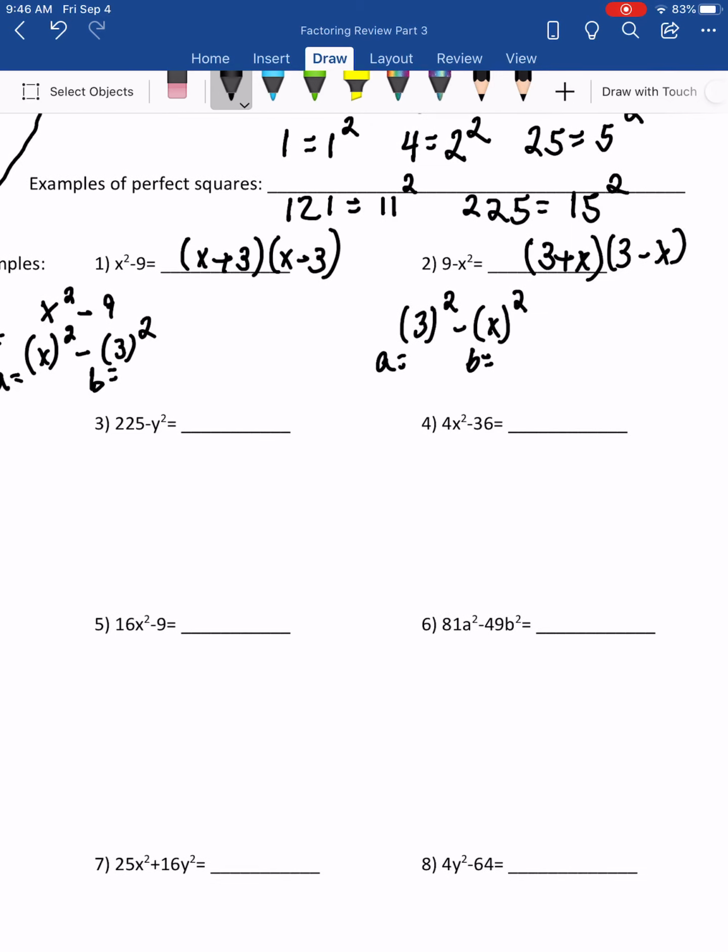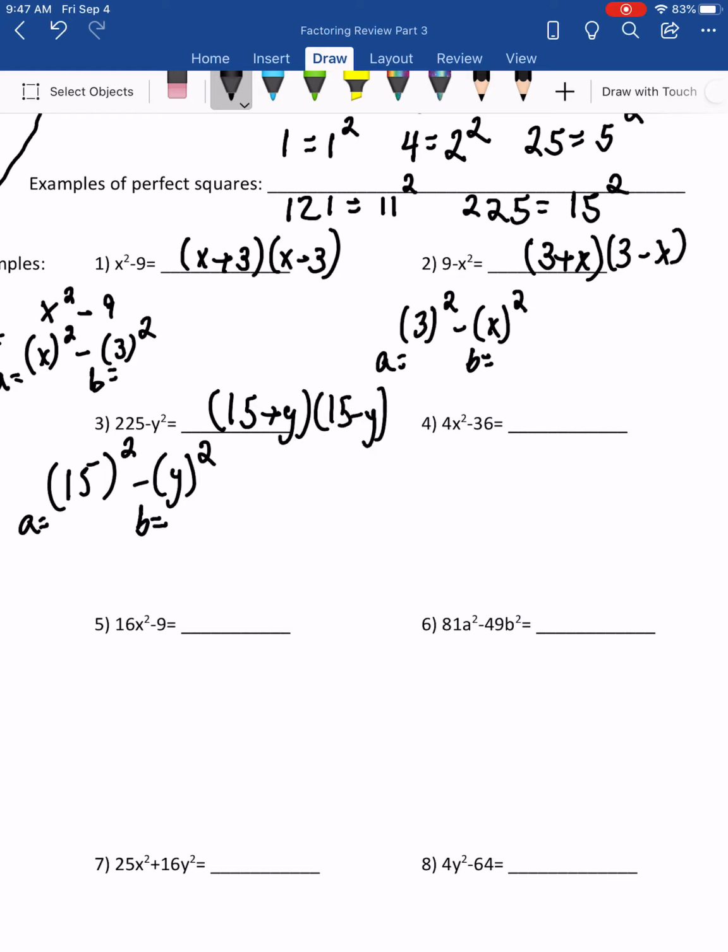Okay, number 3, 225 minus y squared. Yes, that's a difference of perfect squares because 225 is really 15 squared minus (y) squared. So a is 15, b is y, so that's going to be 15 plus y times 15 minus y.